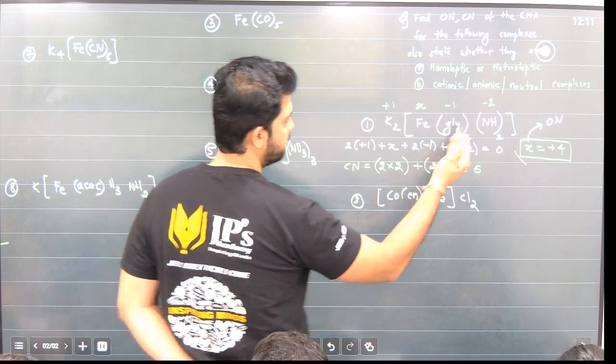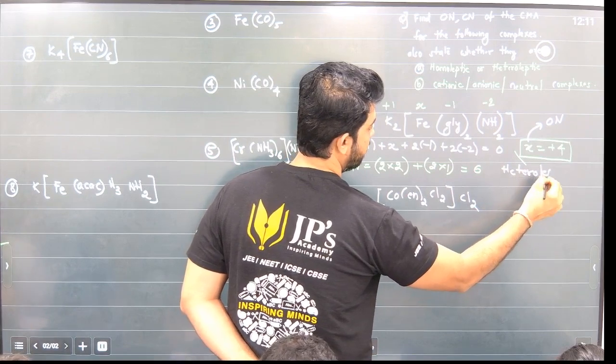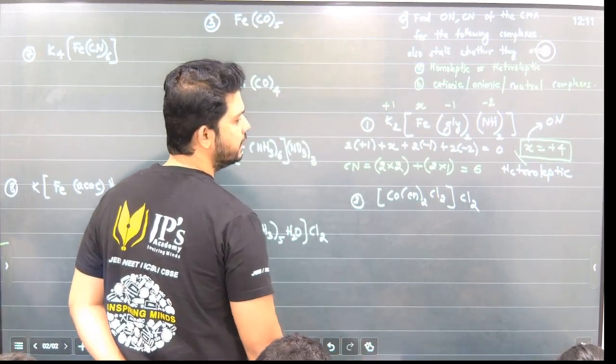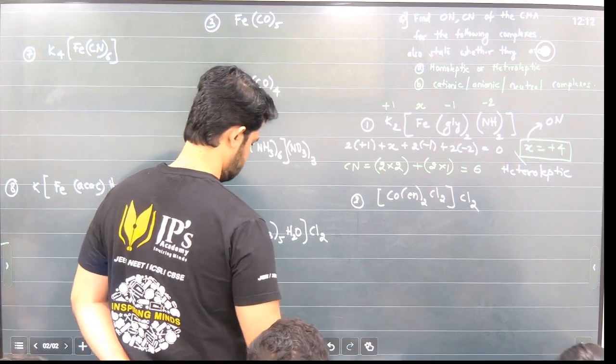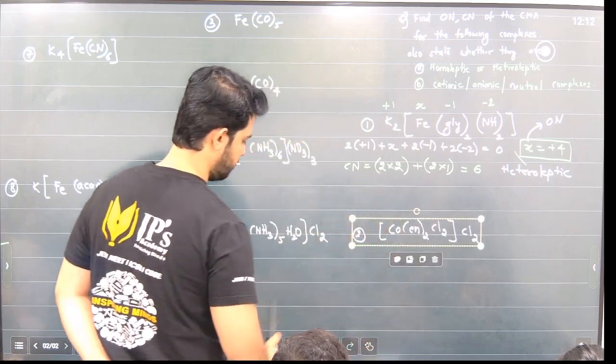Next, is it homoleptic or heteroleptic? It is heteroleptic. We have 2 different ligands, so it is a heteroleptic complex. And is it anionic or cationic? How do you decide? In aqueous solution, what will this complex look like?